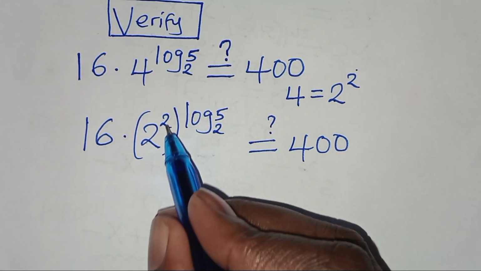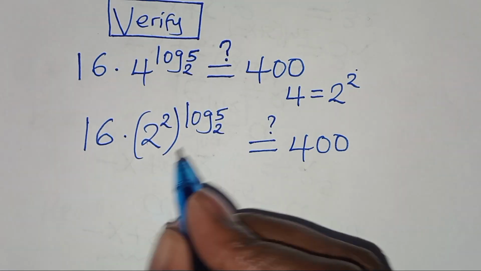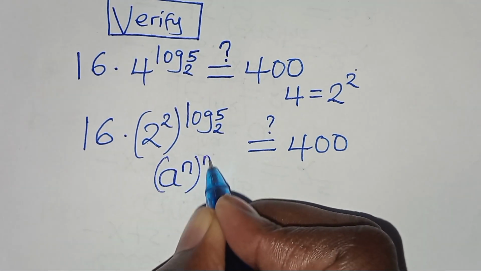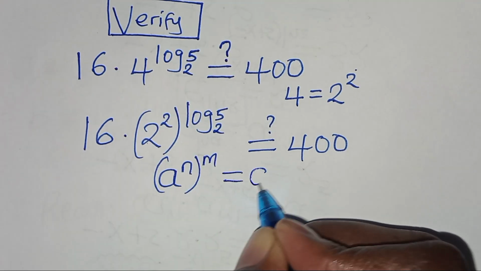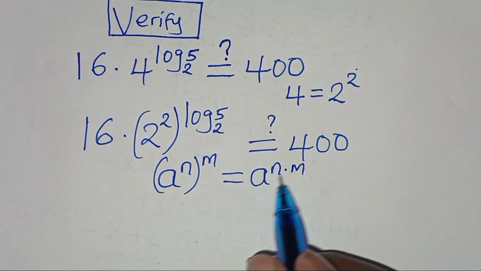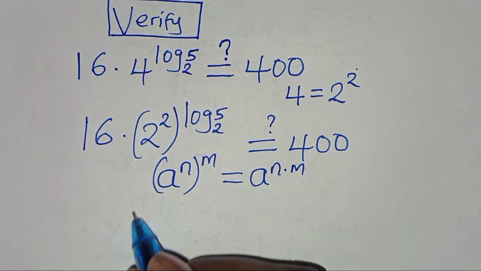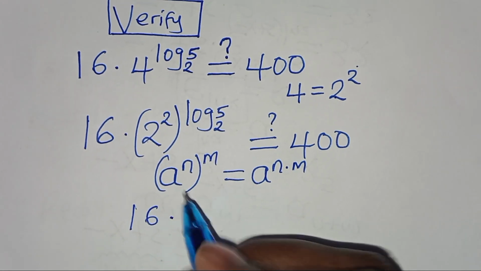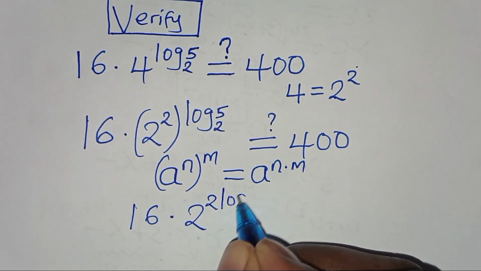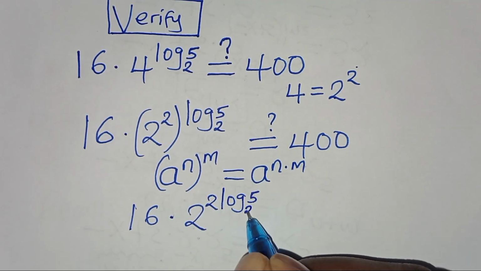Then you find that 2 to power 2 raised to power log 5 to base 2, this is in the form of a to power n raised to power m, which we can express as a to power n times m. Applying this exponent property, here we have 16 times 2 raised to power 2 log 5 to base 2.